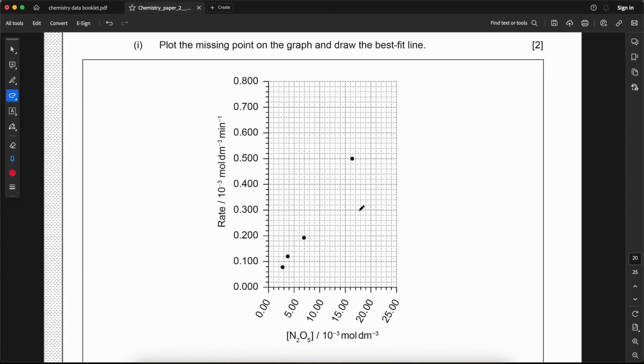So 24.30 is around this one, 0.71, so this one. And you need to draw best fit line. You will have a ruler with you. It's very difficult for me to draw, so just think of this as the line.